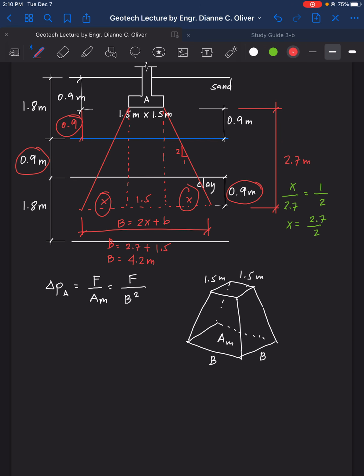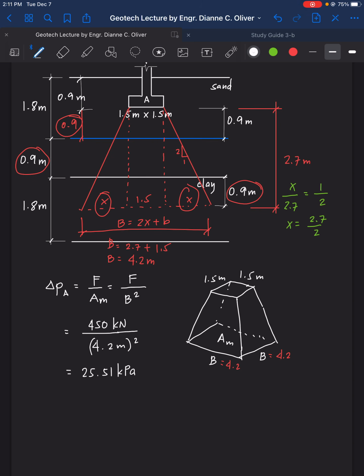So if that is 4.2 meters, therefore delta P sub A is equal to 450 kilonewton all over 4.2 meter squared, and that is equal to 25.51 kilopascal.